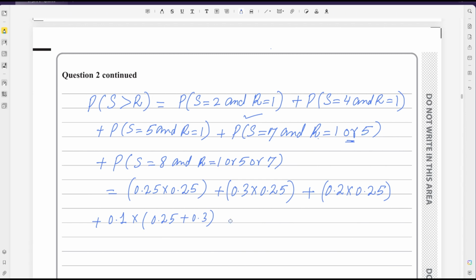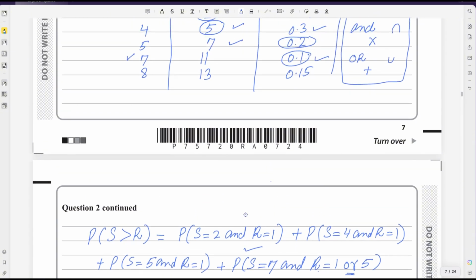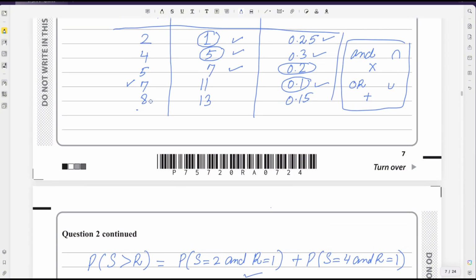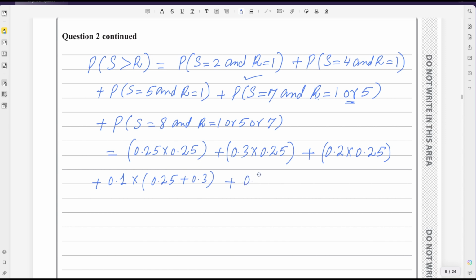Now for the last one, when S equals 8, probability is, this is S, corresponding probability is 0.15. So 0.15 will multiply by these three probabilities. We have to add these three probabilities, okay, because of the word or. Okay, for 1 and for 5, we already have these two probabilities.